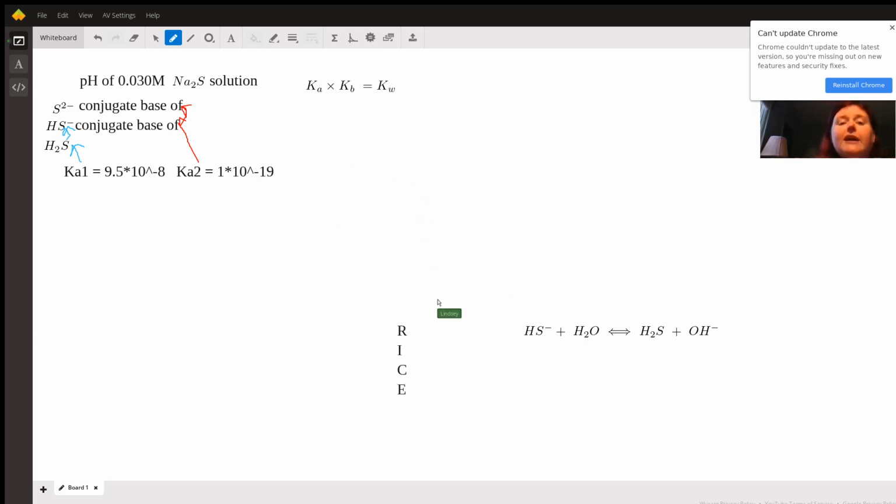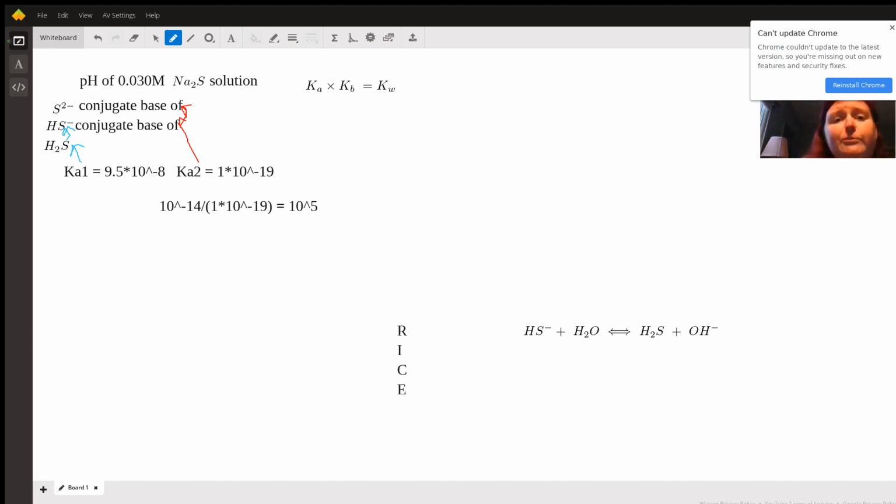So we're going to need our Ka times Kb equals Kw equation, to find the Kb here. If we take 10 to the negative 14 divided by the quantity 1 times 10 to the negative 19, that equals 10 to the 5th, which is way, way, way larger than 1.